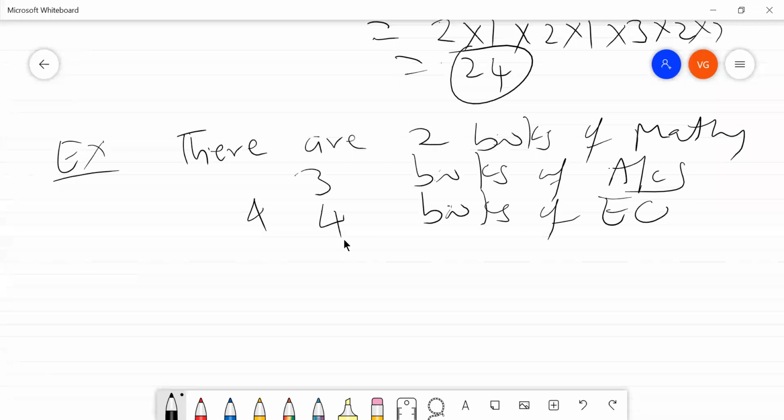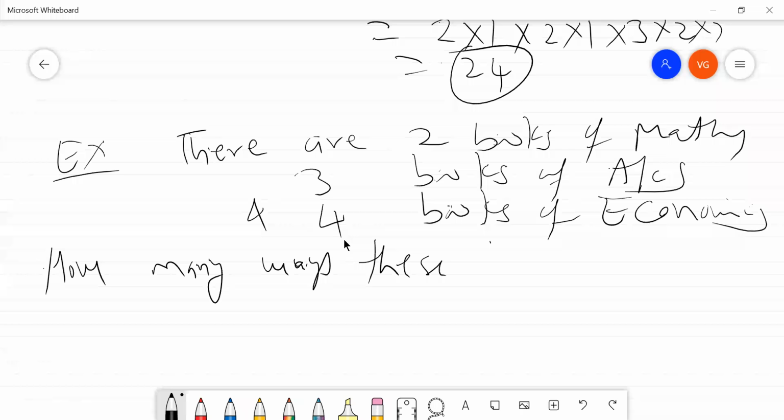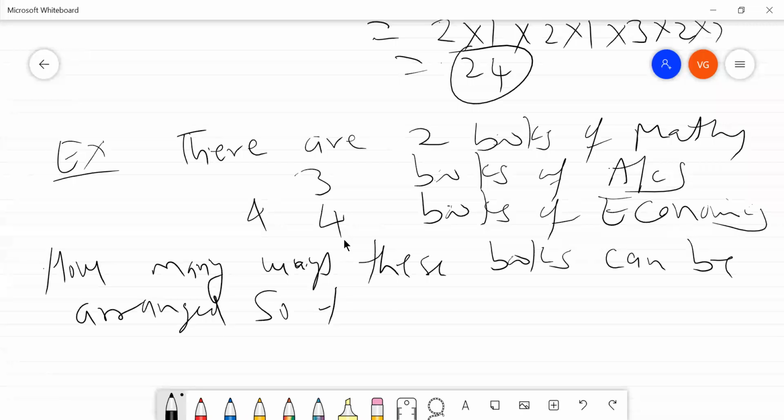I have to arrange these books on a shelf. How many different ways can these books be arranged, so that books of the same subject should be together?